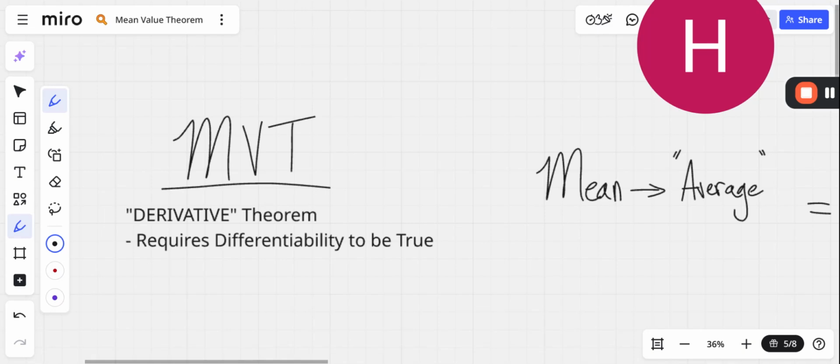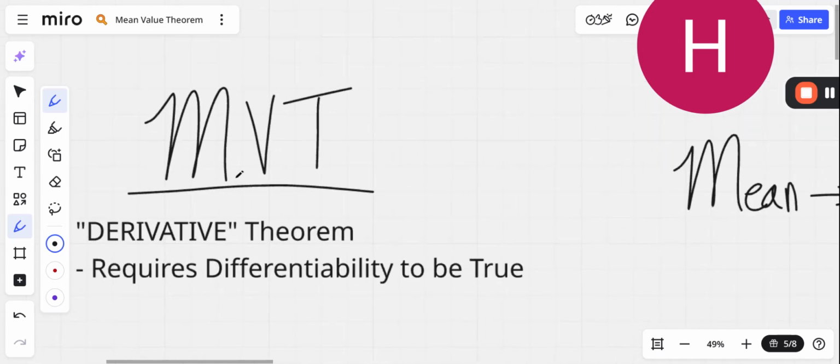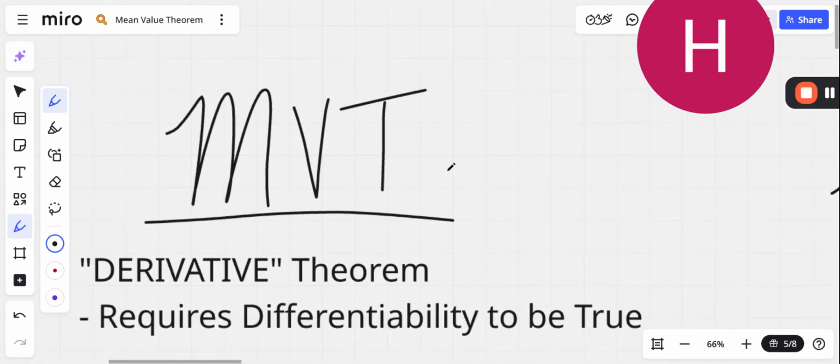And today, we're going to take a look at this concept in calculus called the Mean Value Theorem. We're going to use the Mean Value Theorem, but first we're going to describe a little bit about it. Also known as MVT, that is the abbreviated version of the Mean Value Theorem.